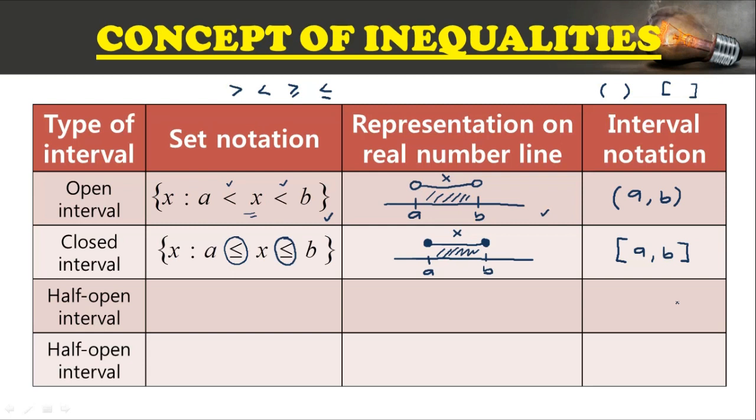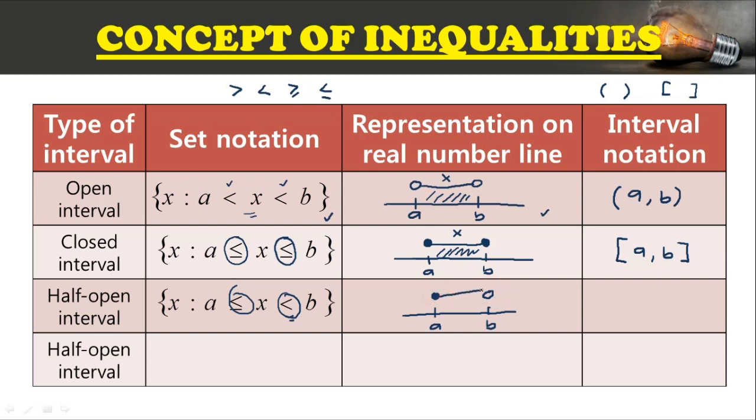Okay, the next one is A less than equal to X less than B. So the number line is like this. So A and B, sebab dia ada A dengan B. But for A less than equal, that means our circle is filled circle. But for B only less than, that means we have empty circle.